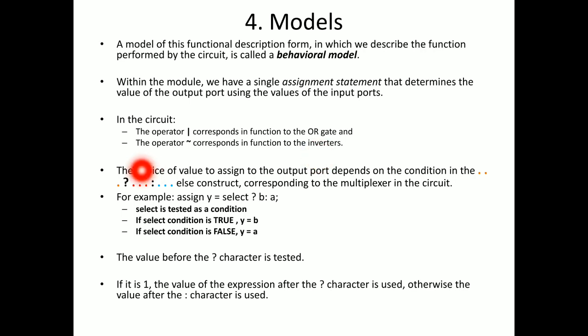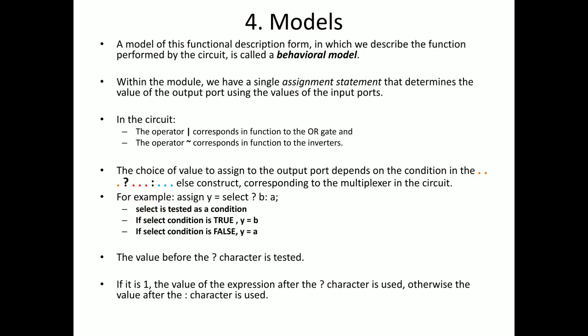And for the condition, we use one condition, you can see the orange color. This is for the condition select line, then the question mark, true value, colon, false value. This is the conditional operator. The conditional operator has first the condition part, next the question mark, next the true value, colon, false value.